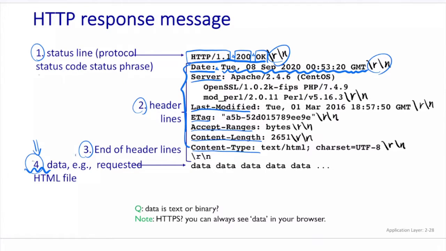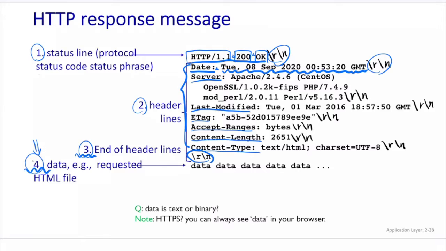And don't forget that the third part is still another \r\n. It is another enter. This enter is a delimiter so that you can understand where the end of the header lines is.